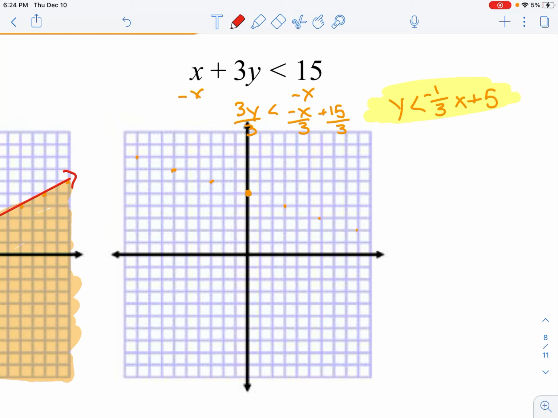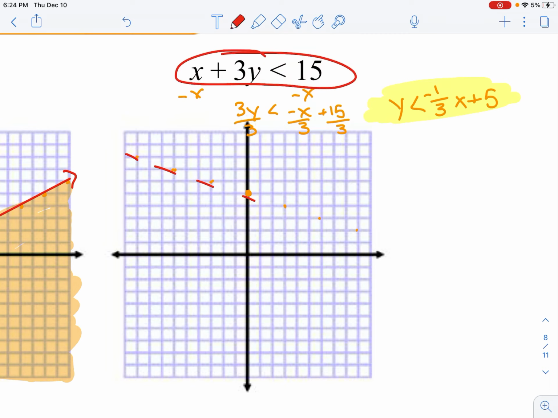The only reason I did that was because I can't cover up a part of it and say, okay, so my x-intercept is 15, because that would be way over there. So it wouldn't fit on my graph, so I had to change the form on this one. I highlighted it there. And now I'm going to draw my line.